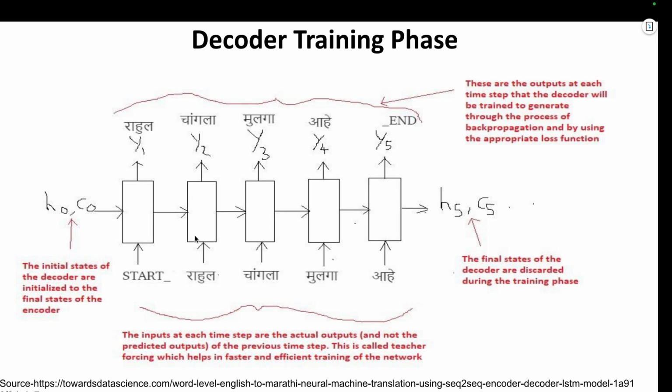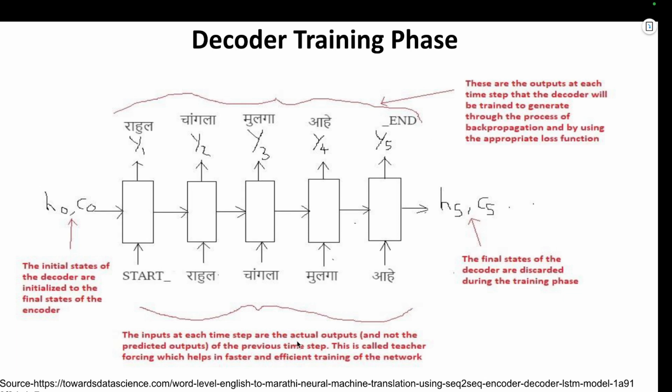That will be the input for the decoder. For "Rahul is a good boy", the ground truth output will be "Rahul changla mulga ahe", translated into the Marathi language. Now the initial state of the decoder is initialized to the final state of the encoder, that is the contextual information. Now start and end tokens will be added for the target language, at the start and at the end.